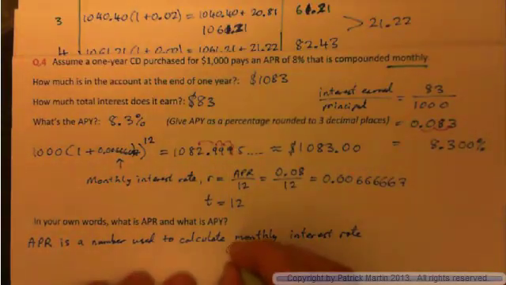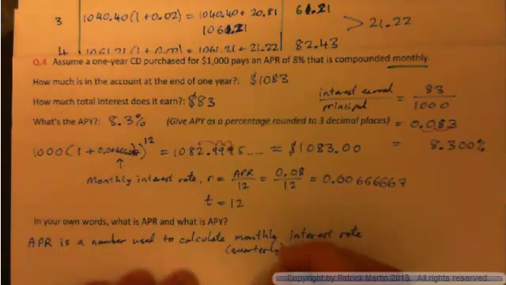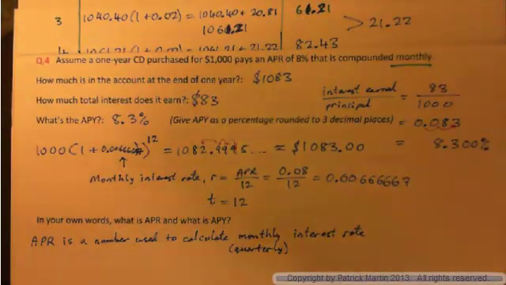Or sometimes it'll be a quarterly interest rate, or a weekly interest rate, or a semi-annual interest rate, or whatever. So the APR is just the number that you use to calculate the interest rate that you actually need.